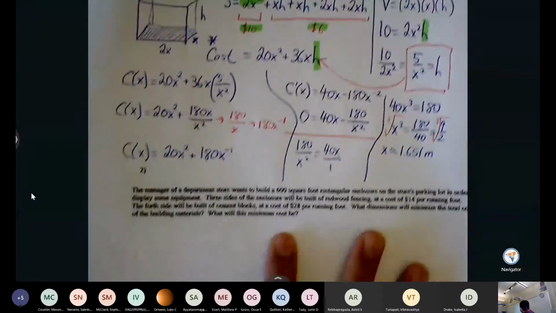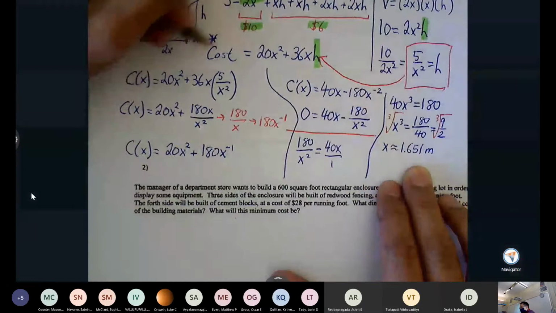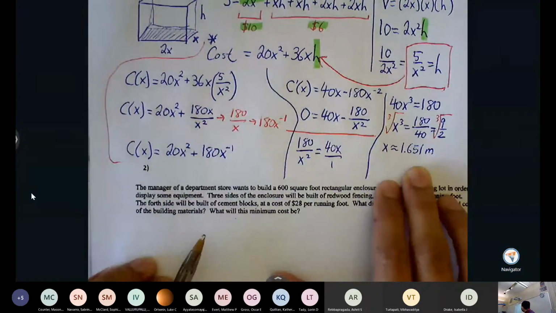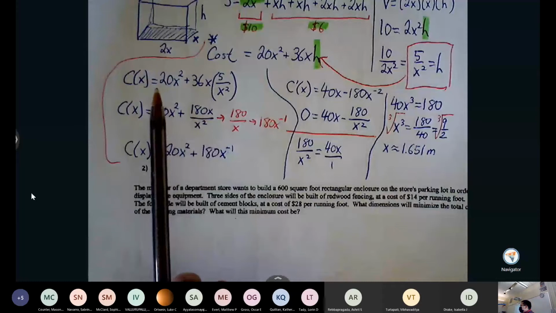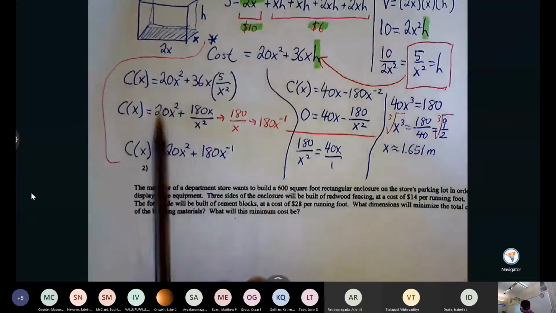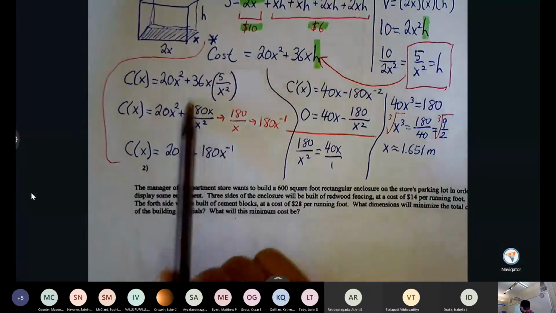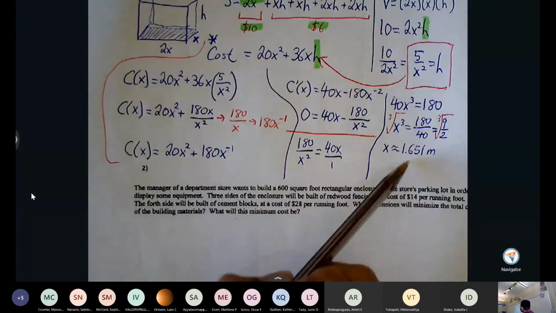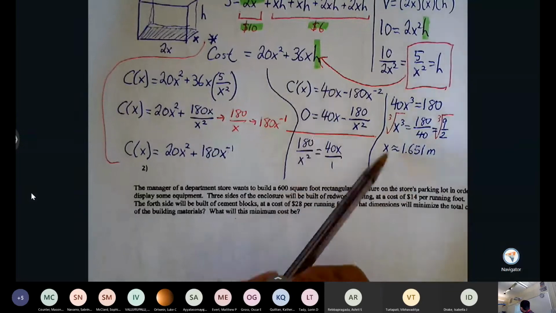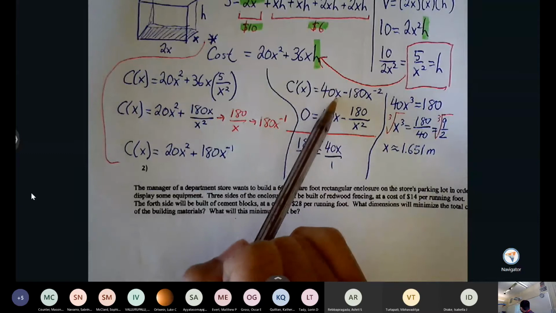So I have all these cost equations. Which one do I use? Does it matter? Any of these equations are fine. You just pick one of the cost equations and plug in. They're all going to give you the same value. What you don't want to do is plug into C prime. C prime is going to give you 0, and that's not what we want.